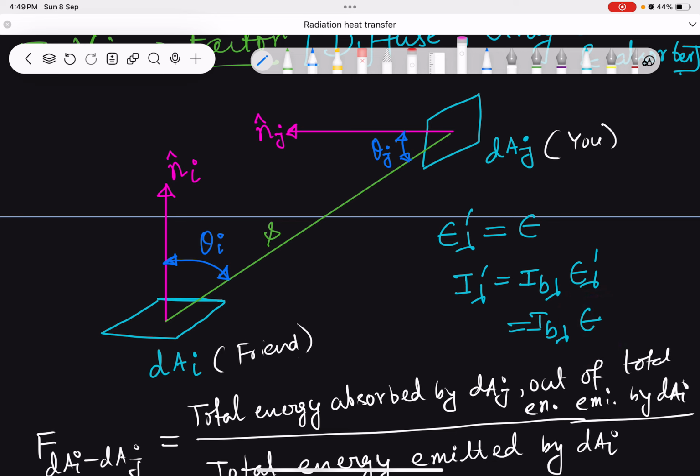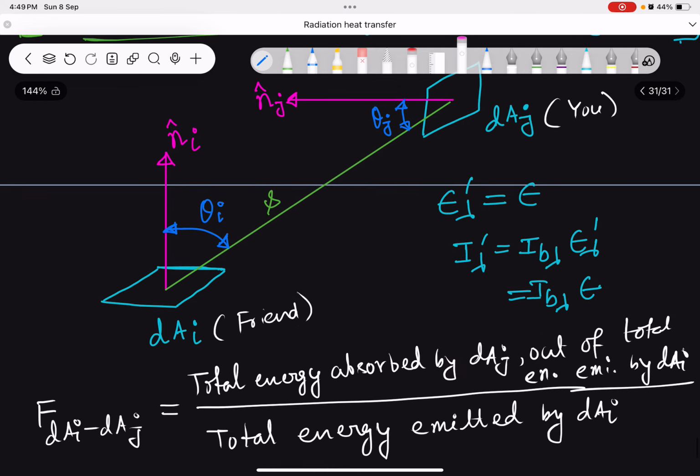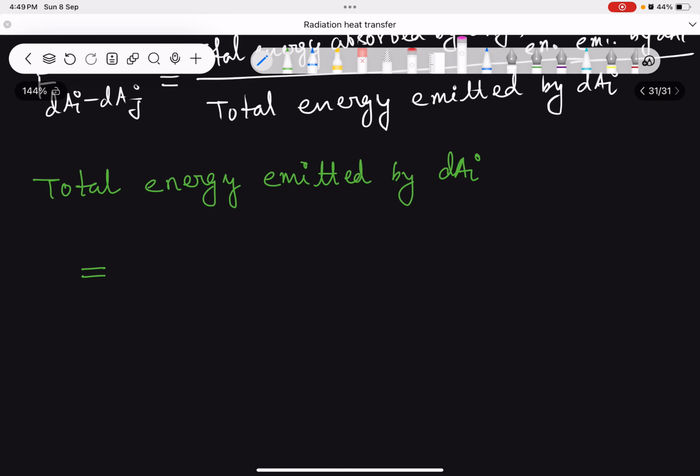That is why for a gray surface I can be a function of lambda. But whenever I say diffuse gray emitter and absorber, it means the emitted radiation intensity will not be a function of lambda.